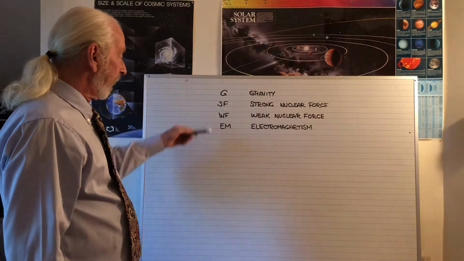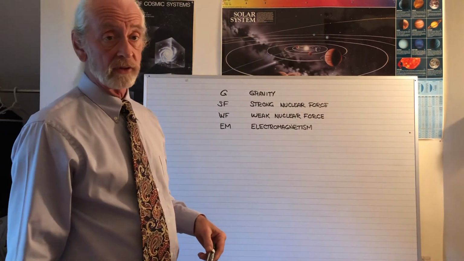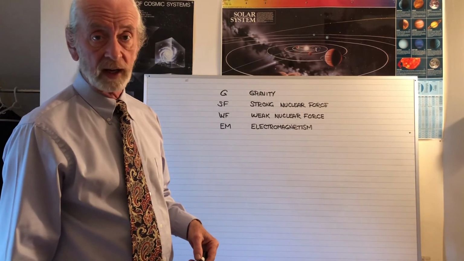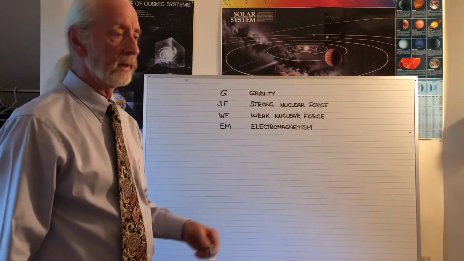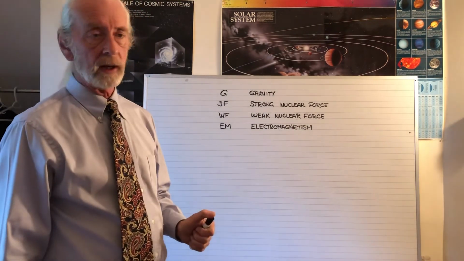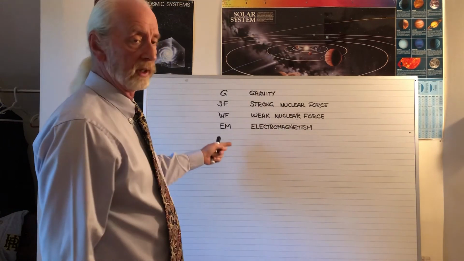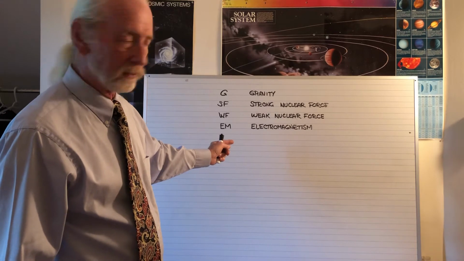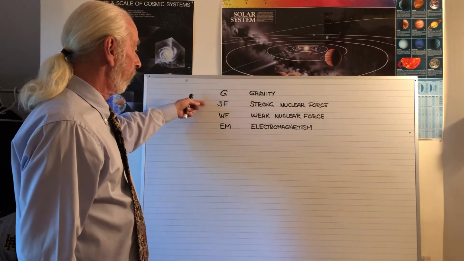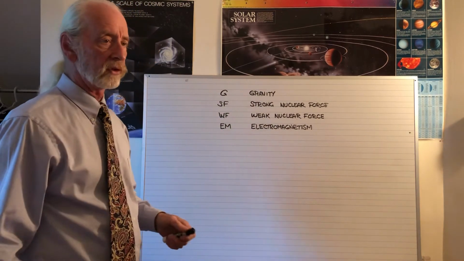And electromagnetism, that's photons. That's anything from light to radio waves to X-rays. But those are the big four, okay? And if you're going to do astronomy and cosmology, you should know these. And I might ask you again under more formal circumstances. So yeah, know what the four fundamental forces in the universe are.